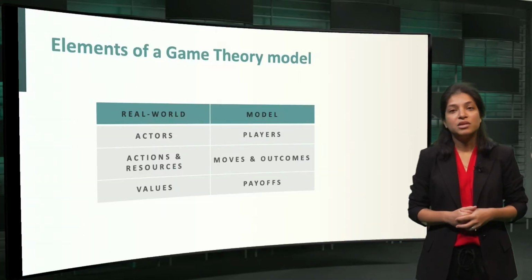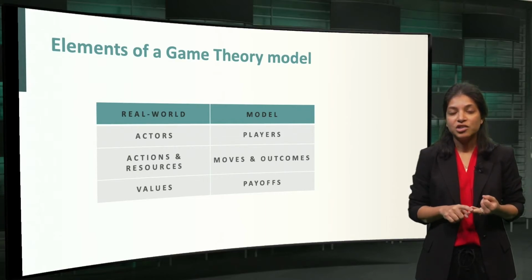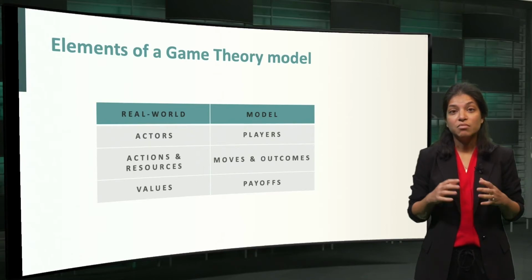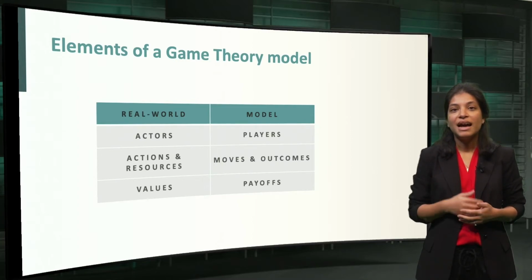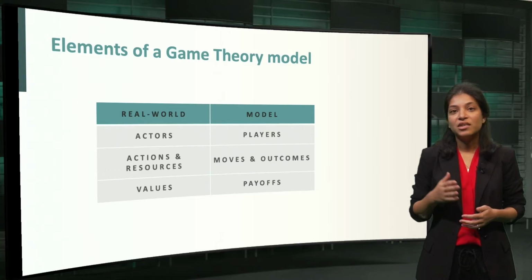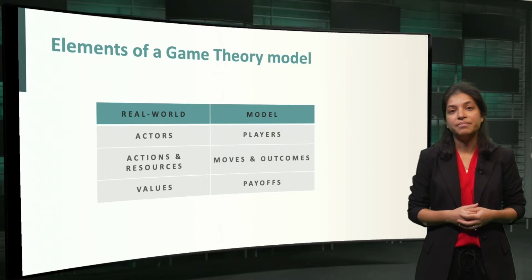The main inputs in constructing a game theory model include actors, actions, resources, and values from the real world. In the model, actors become the players in the game, actions and resources define the moves in the game, and actors' values are used to calculate payoffs or utility associated with different outcomes in the game.